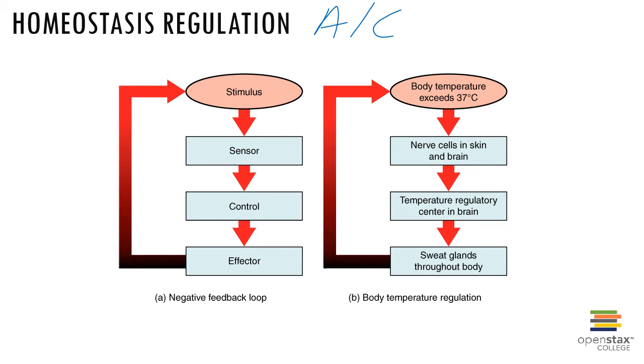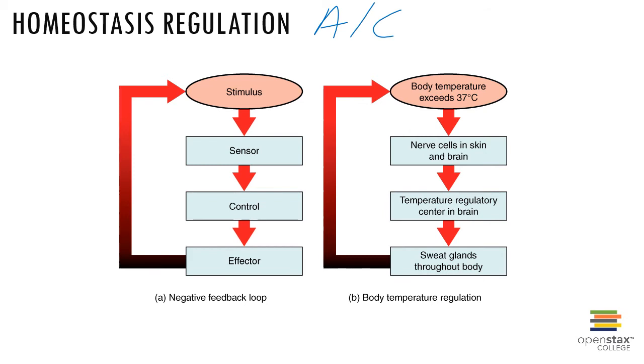That's our sensor, our receptor. The stimulus is going to be an increase in the air temperature inside your house. Most people like to keep their house at about 72 degrees. I like to keep it a little bit cooler, because I've got kids running around doing all sorts of different things. So when the temperature goes above 72 degrees, that's the stimulus.